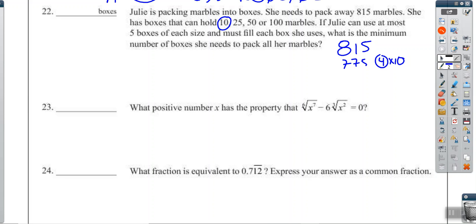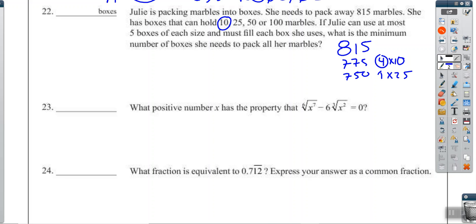So right now I've used 4 boxes, that gets me to 775. Well, now I really want to get down to a multiple of 50, so that way I can use my boxes of 50s and 100s. And I know I'm going to have 5 boxes of 100 right away. So then I just need 1 box of 25, and that's going to get me to 750.